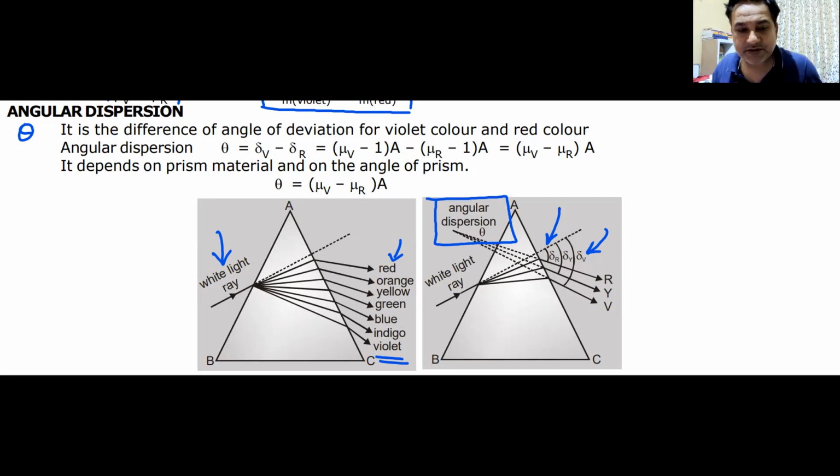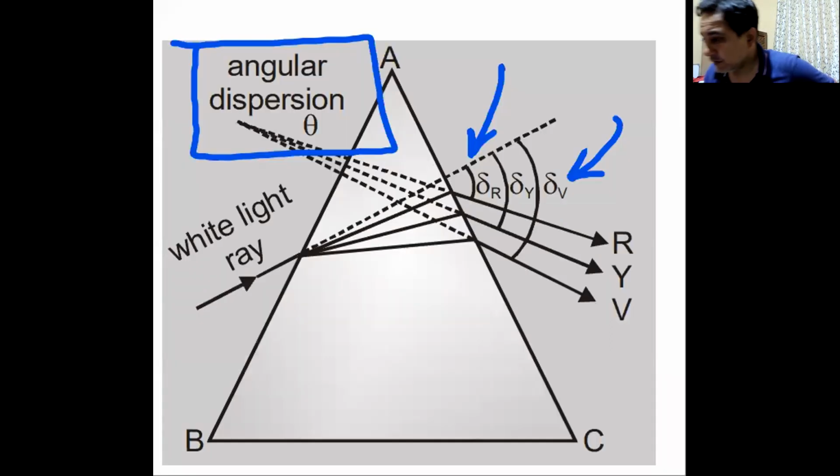Can you tell me what is angular dispersion? Yes, angle of deviation between red color and violet color. It is now on your big screens.